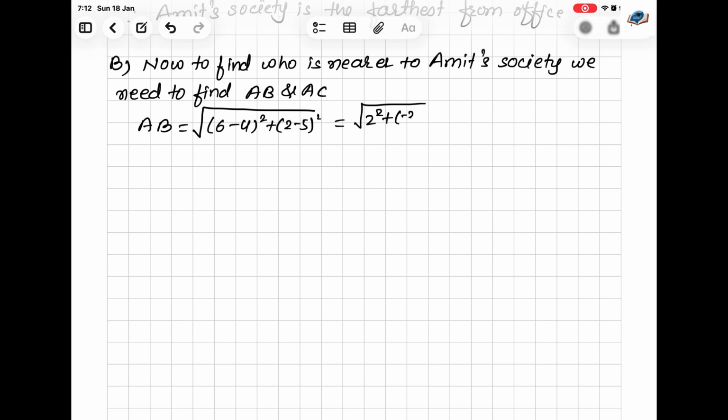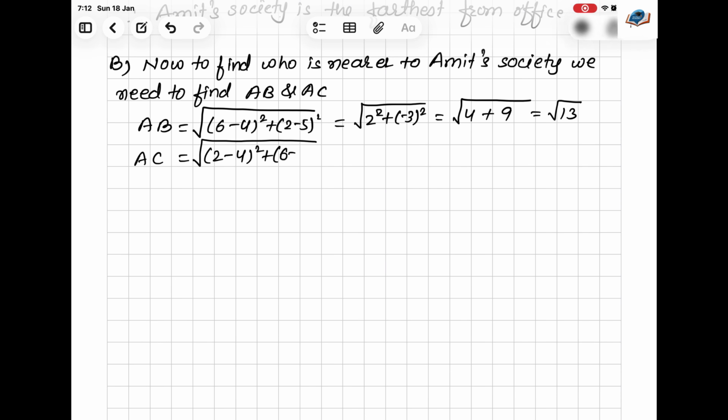So that is 2 square plus (minus 3) whole square. So 4 plus 9. So root 13. And AC is (2 minus 4) whole square plus (6 minus 5) whole square.